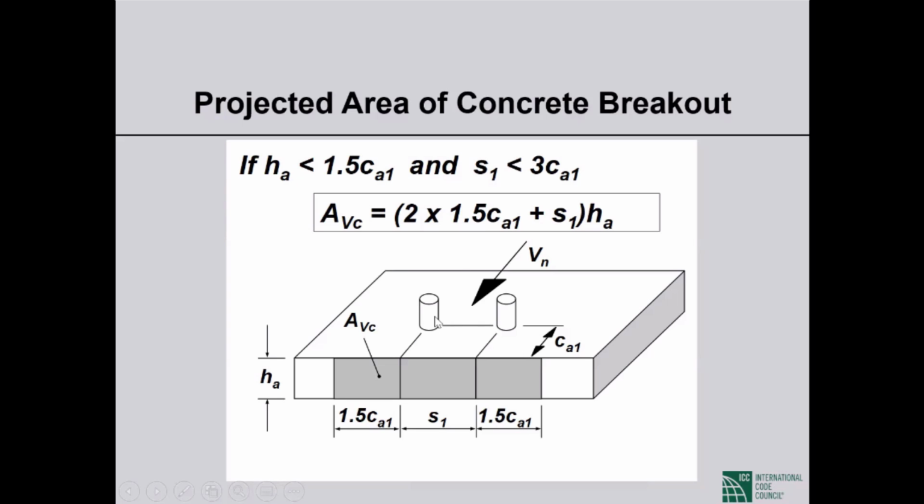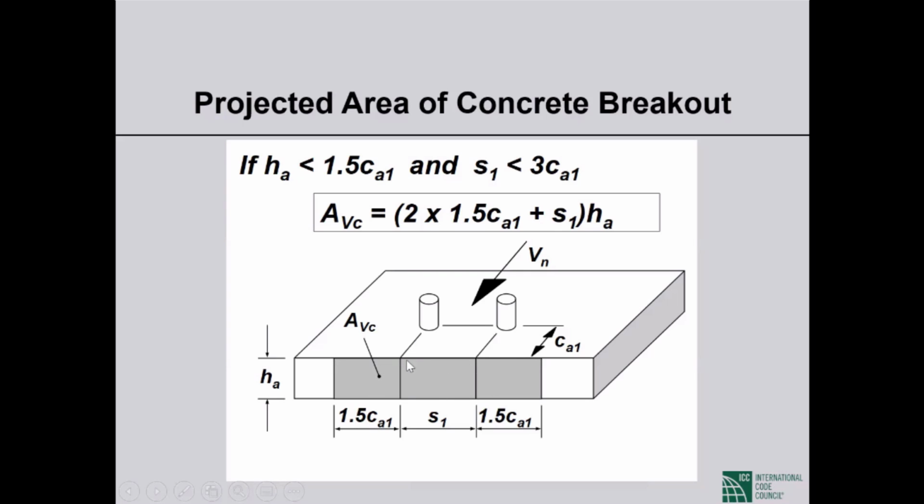So this is the group of 2 anchors. This is the shear. And under that shear, if it is high enough, a chunk of concrete will break out that will look like this, that. Okay. So on the surface, what will break out is what we have shaded. This distance is S sub 1.